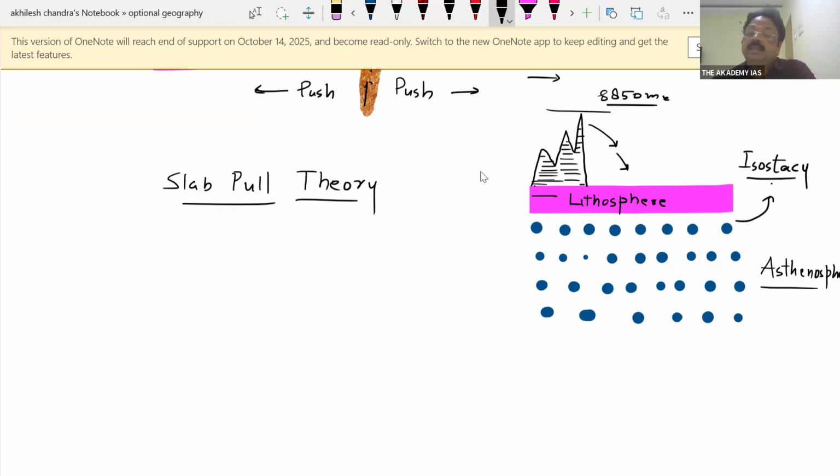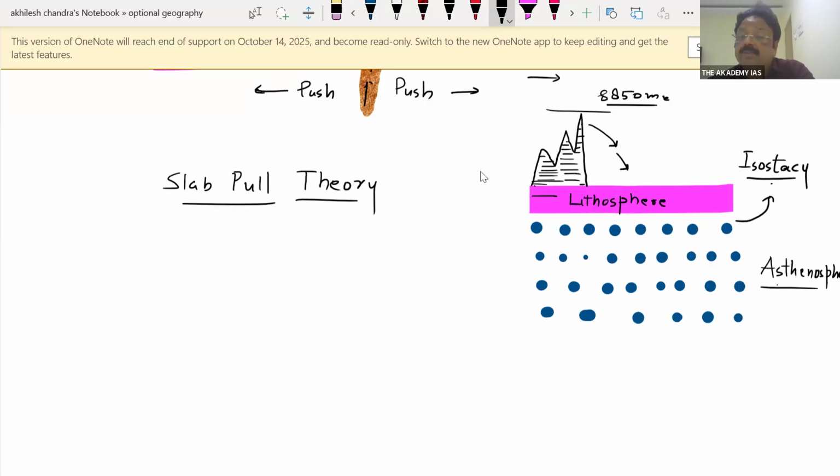But when this equilibrium is going to be breached, then what happens? The asthenosphere is not going to balance the lithosphere's weight, and the asthenosphere leaves that weight on its own. So in that case, this slab itself starts getting pulled by gravity.